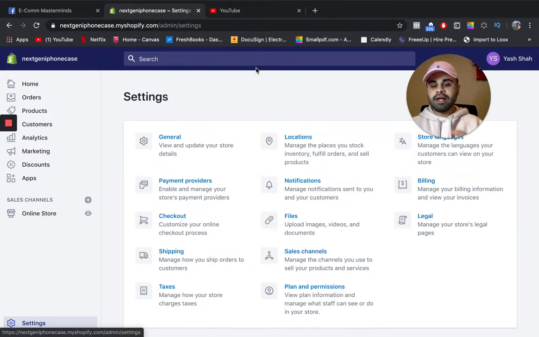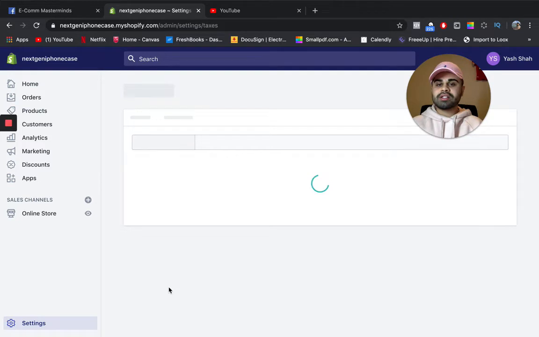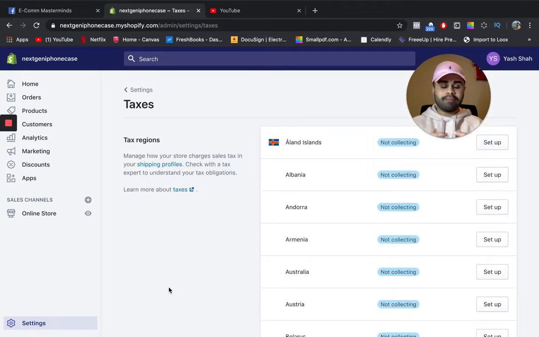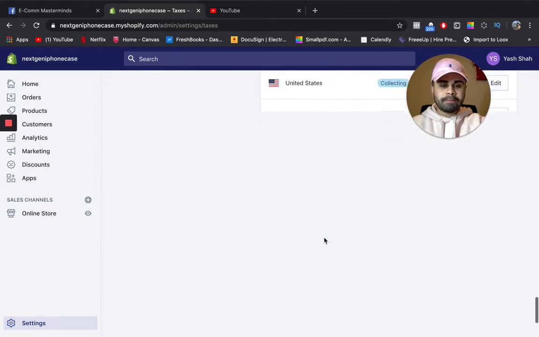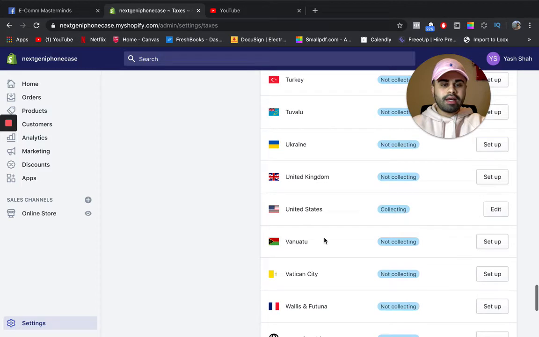Okay, so anyway, the number one thing you want to do is go to taxes. Now keep in mind, I live in the United States, so this is regarding my situation, my setup. This is how I have things in place. So tax regions, we're down to the United States right here. It says collecting.